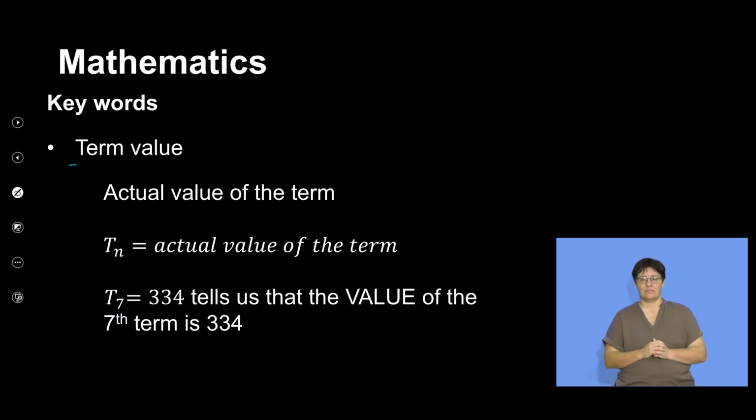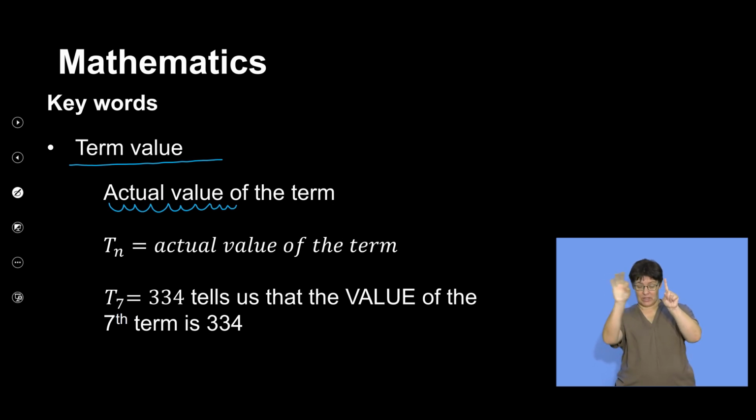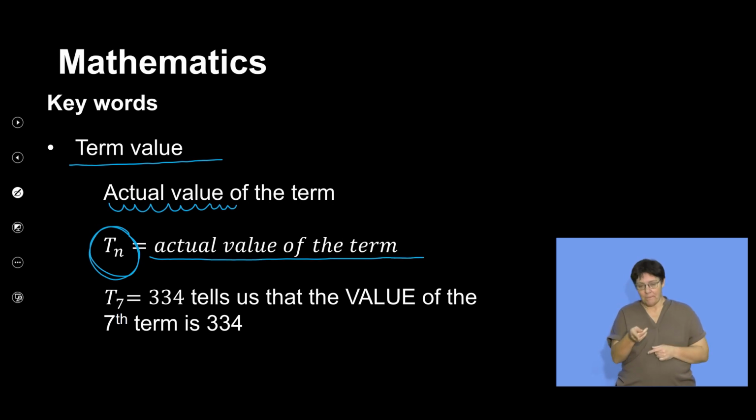The next definition is term value. This is the actual value of the term. So we will say that we can substitute in a number that is the actual value of the term. So you'll have Tn is a specific number. So let's have a look at the line below.